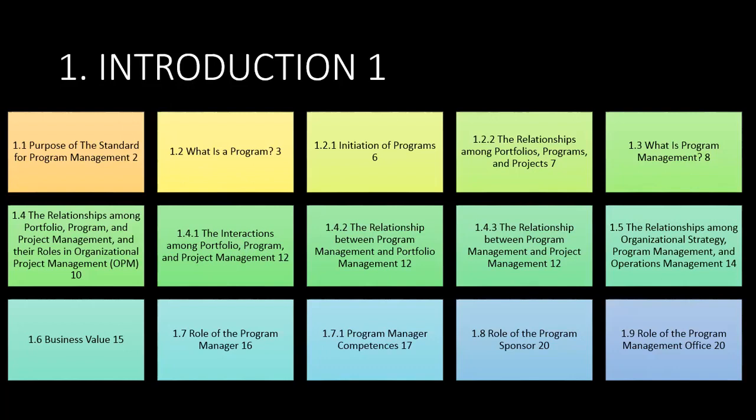We also, in that bucket of programs, could have other program-related activities that are more operational in their characteristics. So program management is the application of knowledge, skills, and principles to a program to achieve the program objectives and to obtain benefits and control that are not available by managing the program components individually.